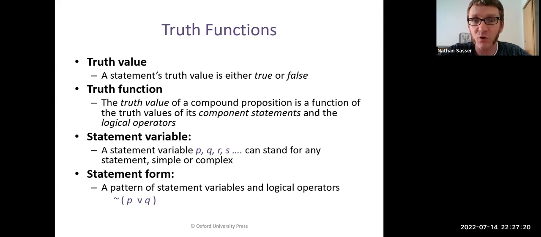And a statement form is a pattern of statement variables and logical operators, meaning it's like a compound statement formed out of these statement variables. You'll see it looks like any other compound statement, except instead of capital letters, it's got lowercase letters, because they're variables rather than real statements.